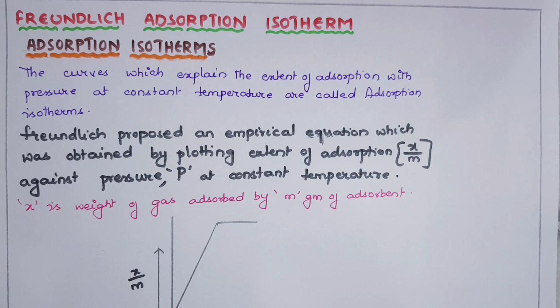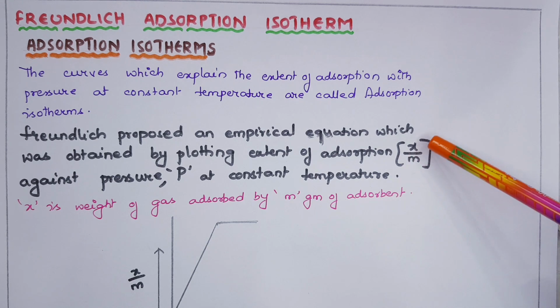Here, extent of adsorption is denoted by x by m, and pressure, you all know, is P. What is x, students? X is the amount or weight of the gas adsorbed by m grams of the adsorbent.